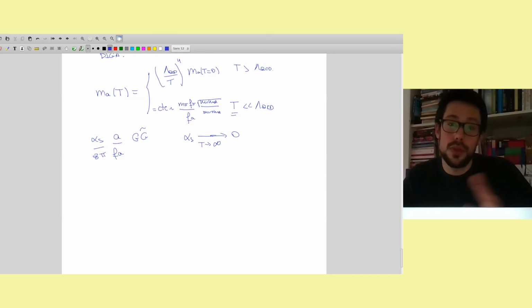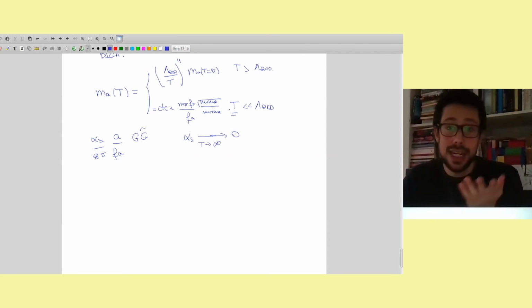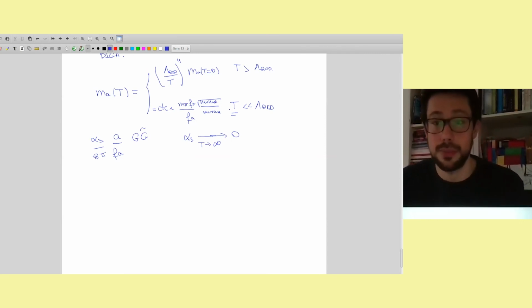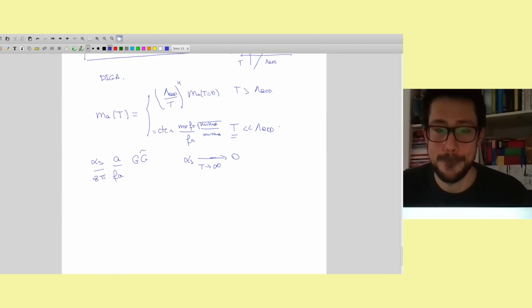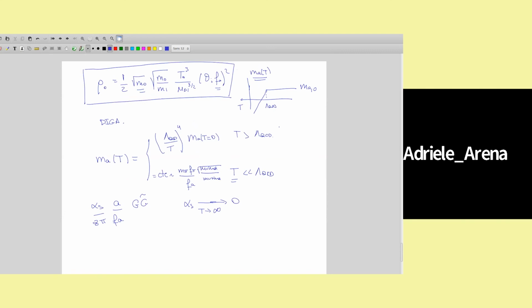And then we can compute with the chiral Lagrangian the mass of the axion, which at the end becomes almost temperature independent. But this is not unique to the axion, what I'm saying. In general, particles can have a different mass in a thermal bath. Okay, thank you. Is there any more question?